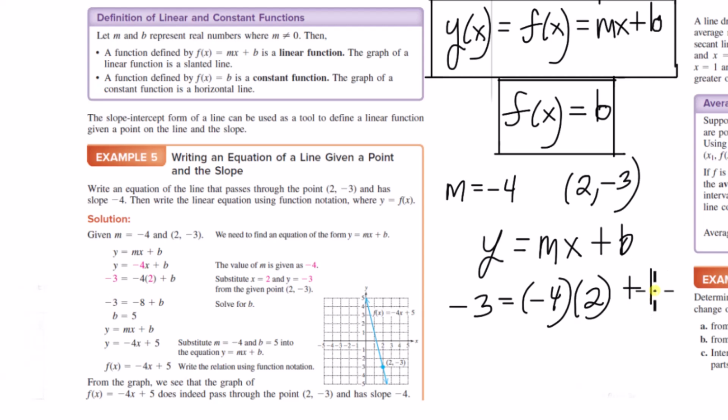So now we have an equation in one variable here. So b minus 8 is equal to -3. b is equal to -3 plus 8, which is 5. And there we go. So we've got the slope and we've got the intercept. So the function is y is equal to -4x plus 5.